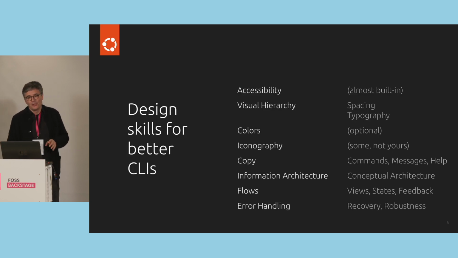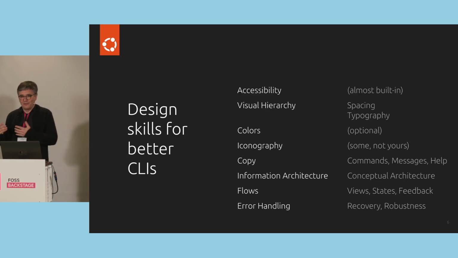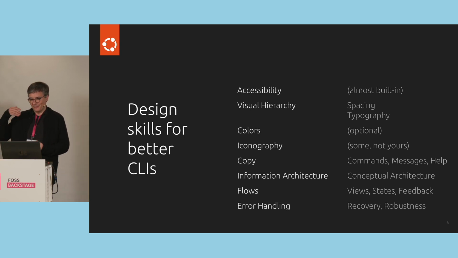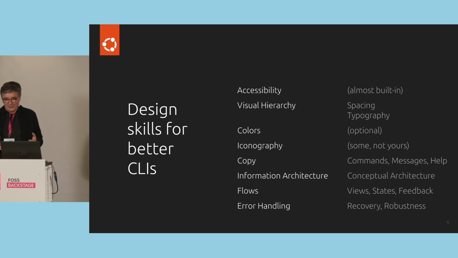But there's also a lot of things that are very similar, and that when designers decide to start interacting with CLIs, they find this is actually something I know, and that can be very useful for designing CLIs. So one is accessibility, knowing when to build in accessibility.